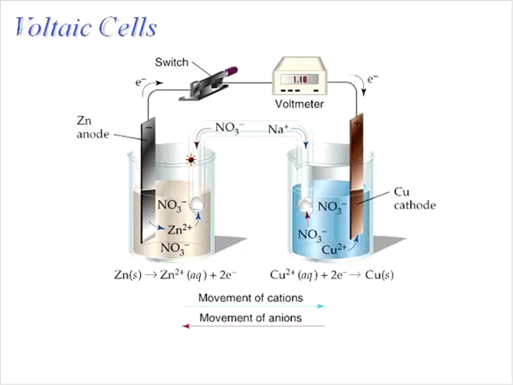Now, negative should move here. But inside the solution, it is not just only the negative charge. Inside the metal, there is only one type of carrier that we talk of, that is electron, free electron. That's not so inside solutions. Inside solutions, cations also carry charge, anions also carry charge.